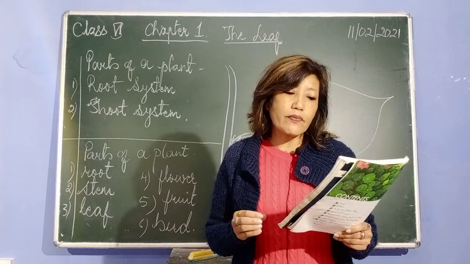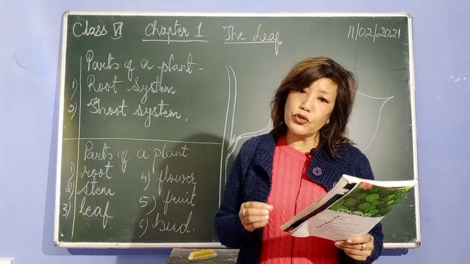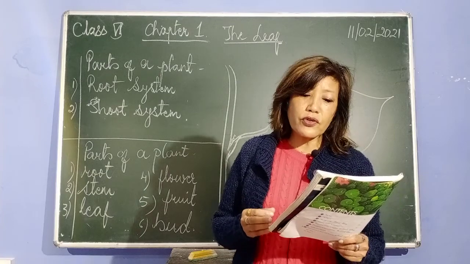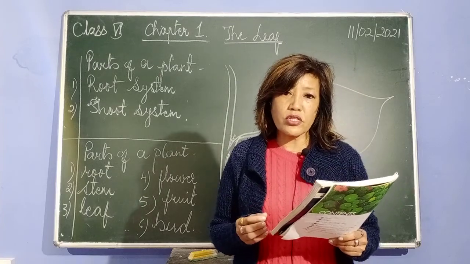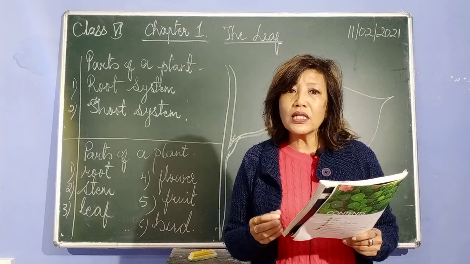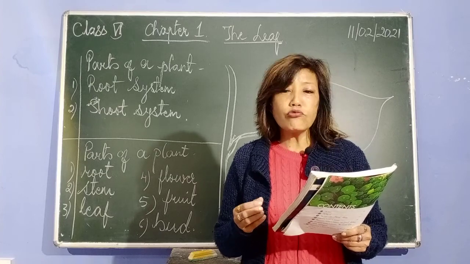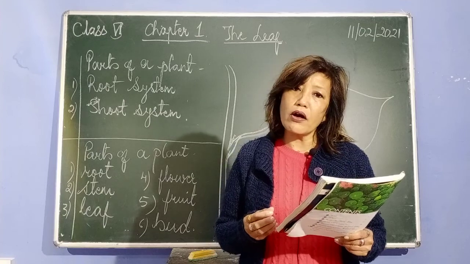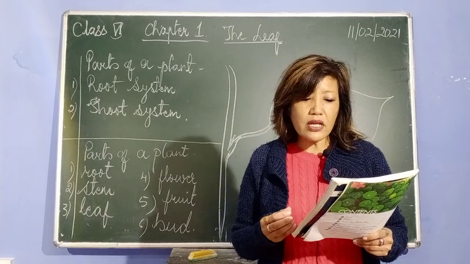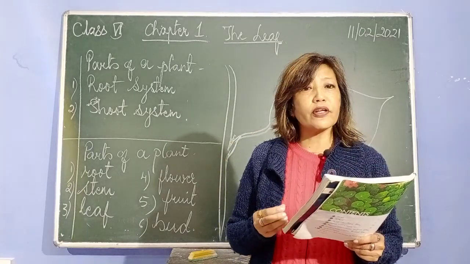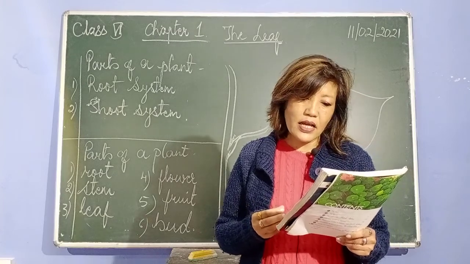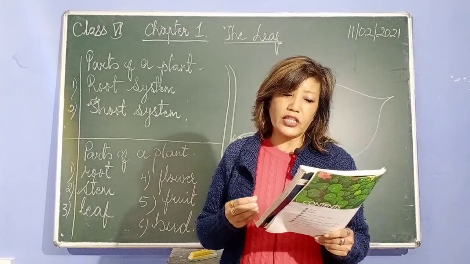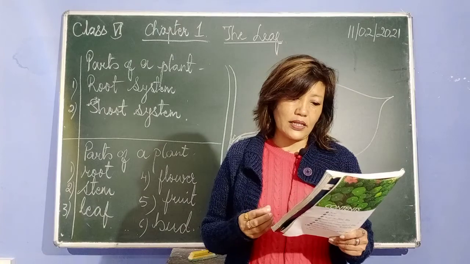There are many types of useful plants around you. They provide food grains, pulses, fruits, vegetables, sugar, tea, coffee, wood, and medicines. Some plants are small, some are big. The leaves of different plants are of different shapes and sizes. Their flowers also vary in shape, size, and color.